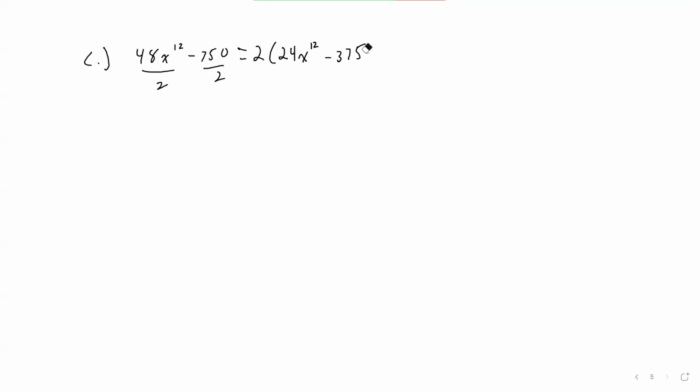All right, let's try that again. I think 6 is our greatest common factor. So that would be 8x to the 12th. And then 6 goes into 7 one time with a remainder of 1. 6 goes into 15 two times with a remainder of 3. And then 6 goes into 30 5 times.